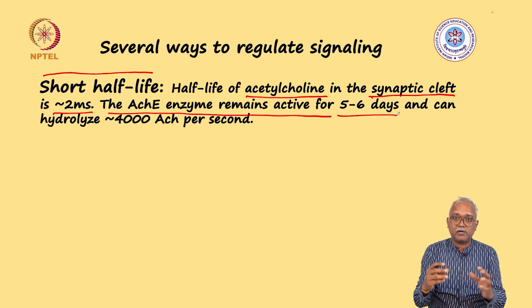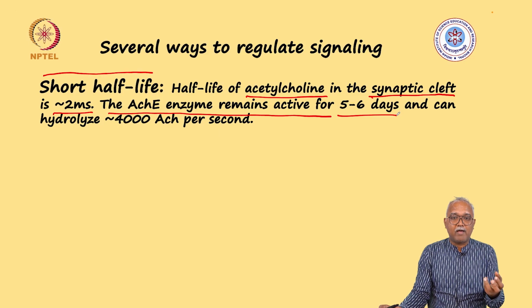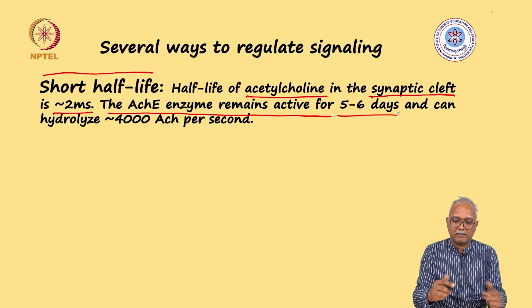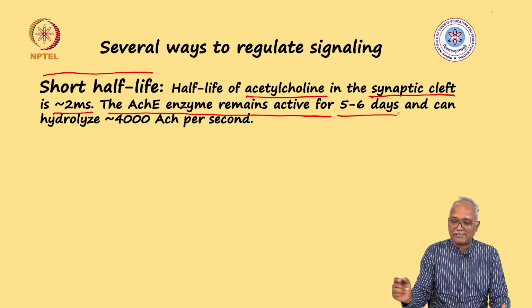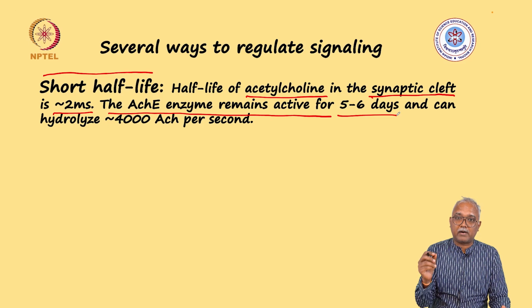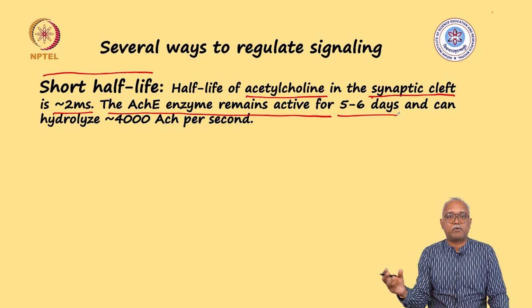So you are putting together two things: one which is supposed to do the signaling with a smaller half-life, and one which is supposed to stop the signaling, the enzyme which will degrade acetylcholine, with a much larger half-life. So basically you are controlling the time which the signal can spend with the receptor.